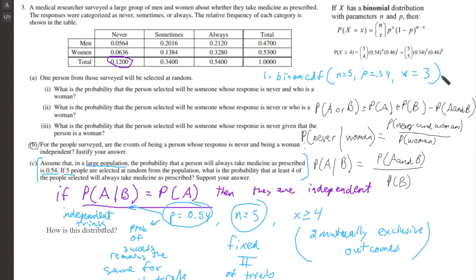I got 0.241. That would be the answer right there, 0.241. So let's all make sure, ask me questions if you're having trouble, and I can explain what went wrong. So what did you plug in if you didn't get the right answer?